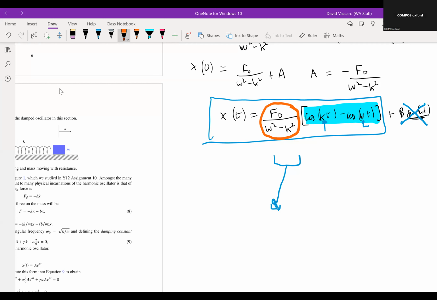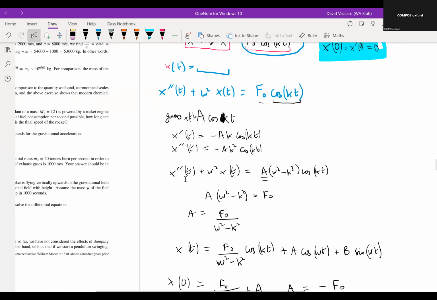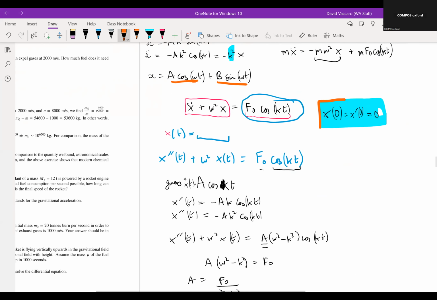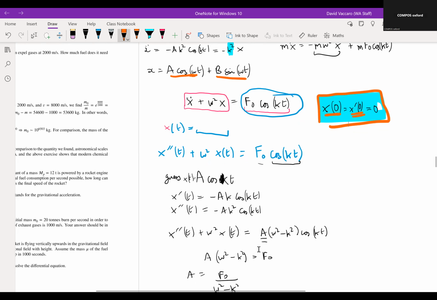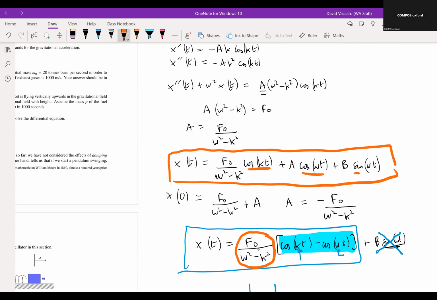Someone said, why did we throw away b sine omega t? Yes, I did gloss over that a little bit. I set up as my initial conditions that the displacement was going to be initially 0 and the velocity was going to be initially 0. So when I got to here, I've got two cos waves and one sine wave. The only thing which is going to contribute to a velocity at time 0 is the sine wave, but because the velocity at time 0 is 0, b must be 0.